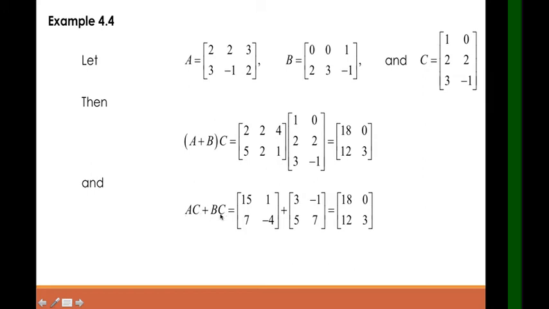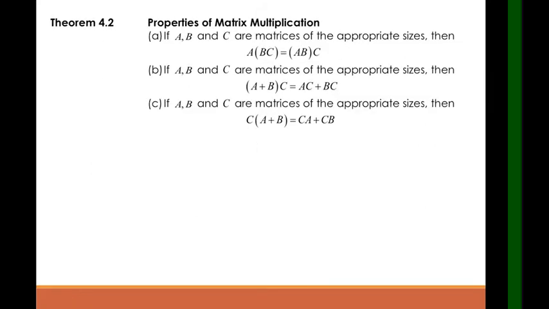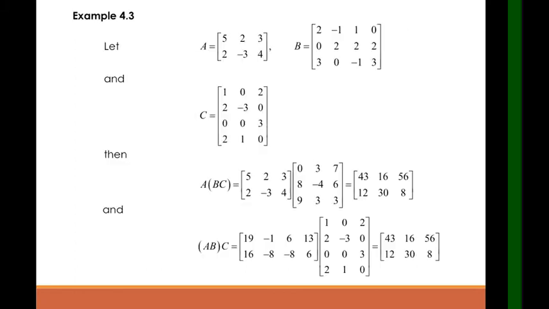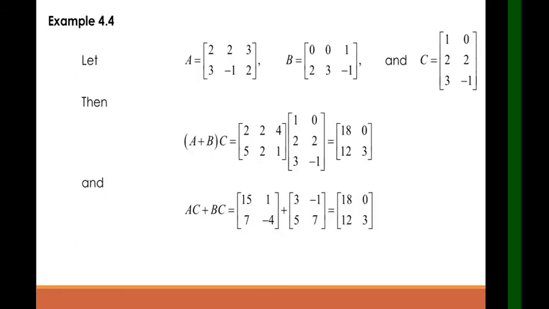In this portion, AC means A times C plus B times C. The products are 15, 1, 7, negative 4, 3, negative 1, 5, and 7. Then we will add them. We will get the same. So therefore, in this property of letter B, it is concluded that they are the same, based from example 4.4.